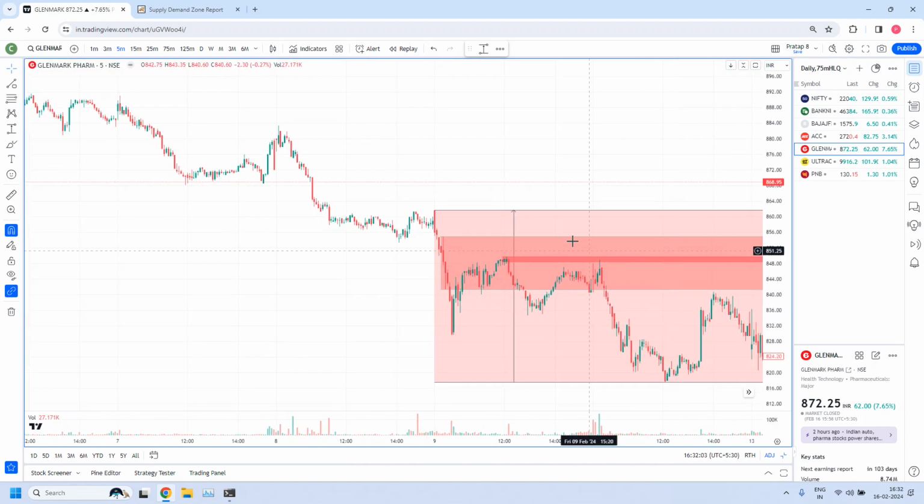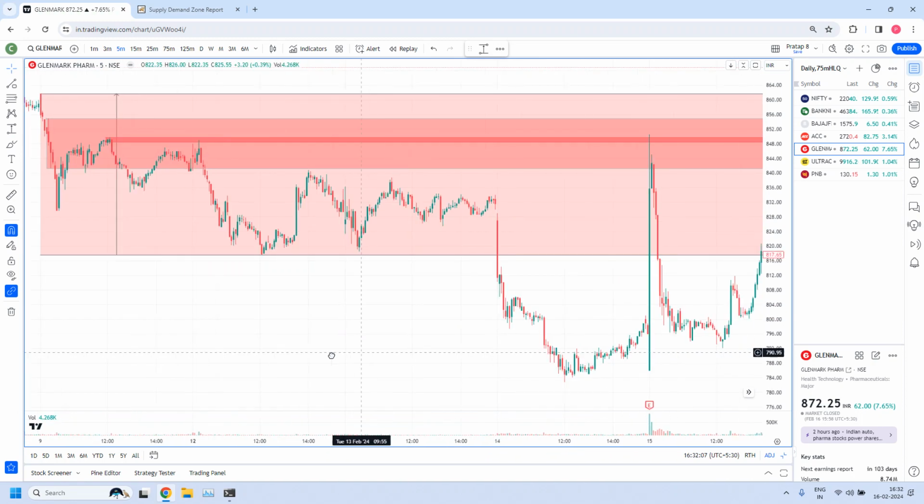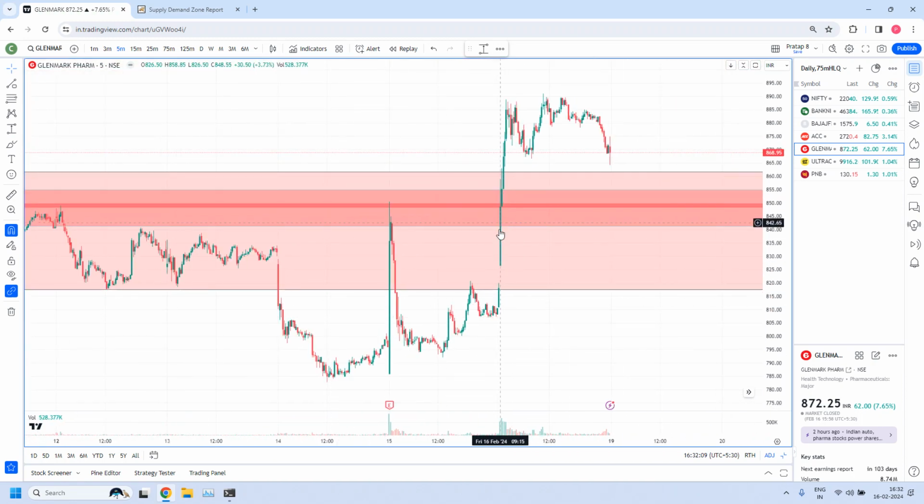That is the reason why it is pierced the second time, it is already tested. Third time today completely violated. And this piercing happened on last Thursday, that is yesterday. This zone is pierced slightly, but it gave a good profit. Today completely violated because this zone is pierced.